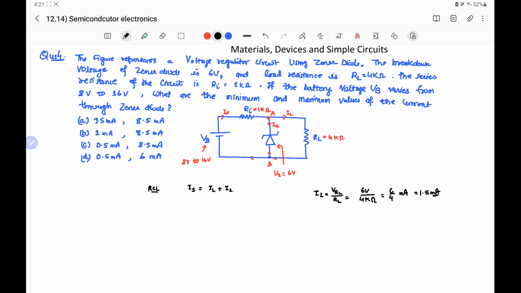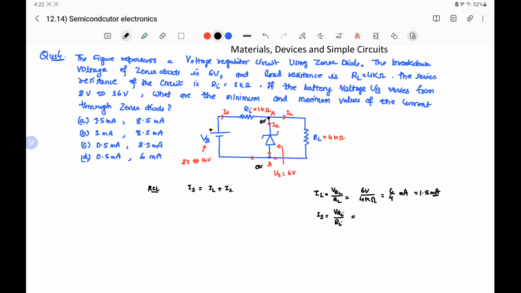Now we have to find the source current. This source current will be equal to the voltage across the input resistance divided by the value of input resistance. This voltage will be the difference of the voltage at the positive terminal of the battery and at point A. Considering B at ground, it is 0 volt, and voltage across the Zener diode is 6 volt, so point A is at 6 volt.